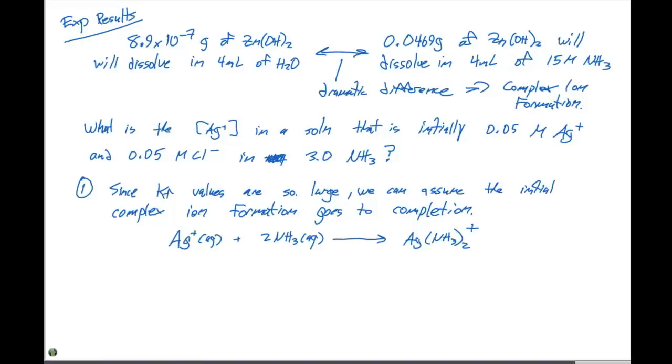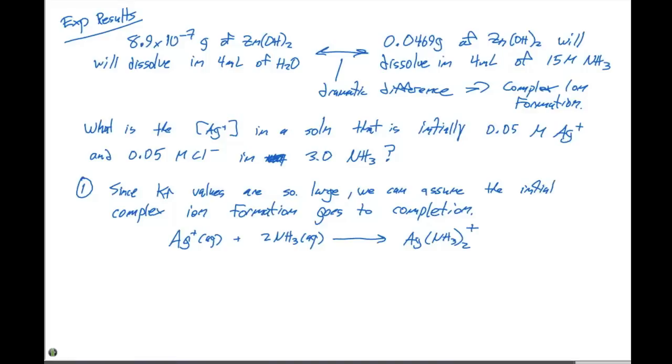On the Kf table, it lists this entire reaction. So the Kf table tells us 2 things. It tells us, number 1, a complex ion will form. And it tells us, number 2, how many ammonia ligands are around that central atom, in this case, silver.